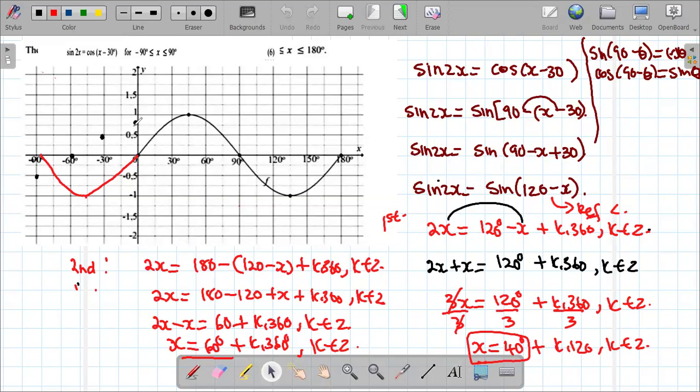30 is 1. 60 is 0.866. 90 is 0.5. 120 is 0. 150 is negative 0.5.